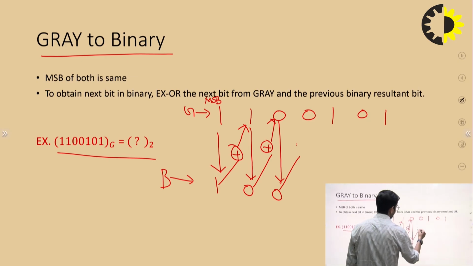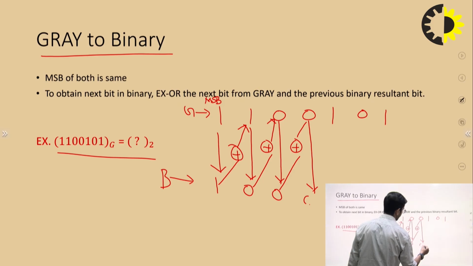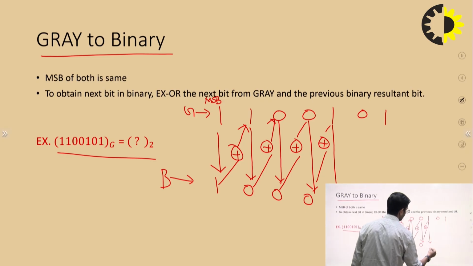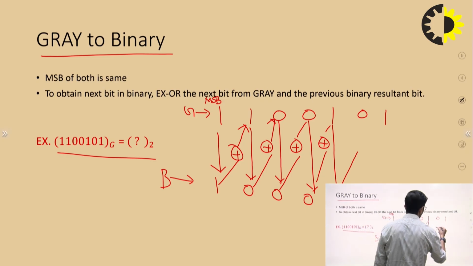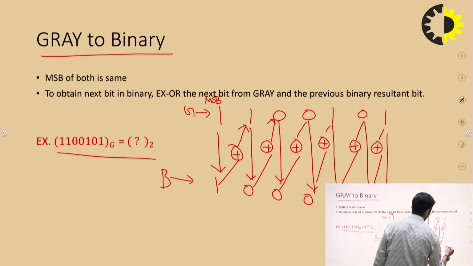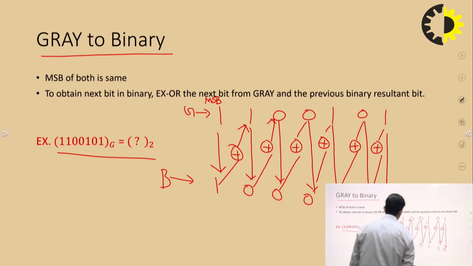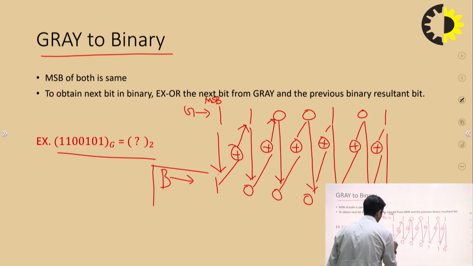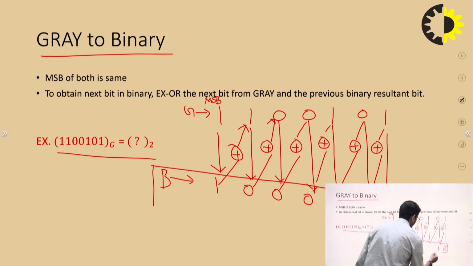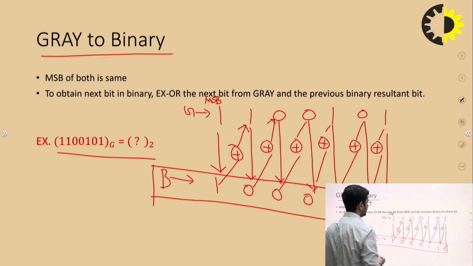Again 0 XOR 0, both are the same, so it will give 0. Again 0 XOR 1, both are different bits, so it will give 1. Again 1 XOR 0, these are different bits, it will give 1, and 1 XOR 1, both are the same, so it will give 0. So this is our binary number obtained from the gray code.